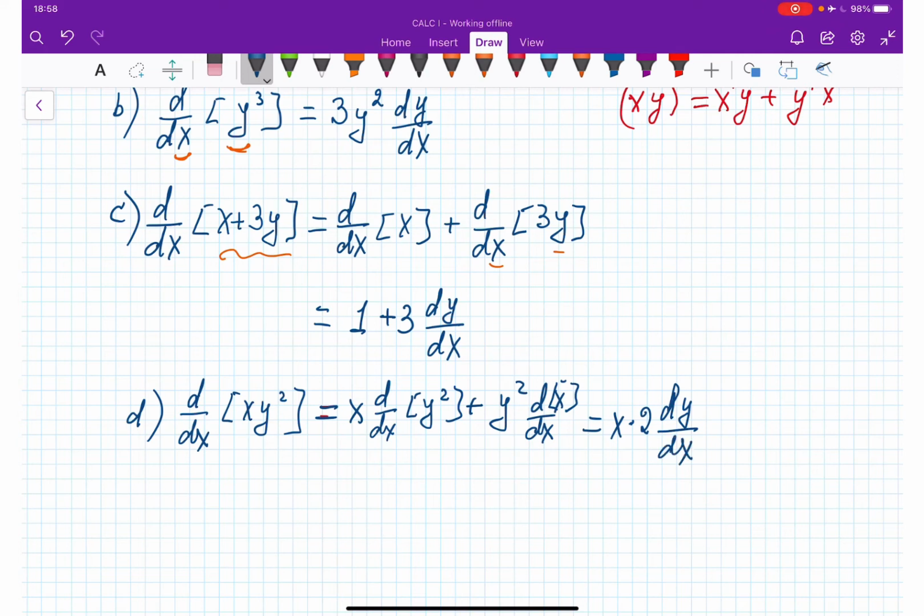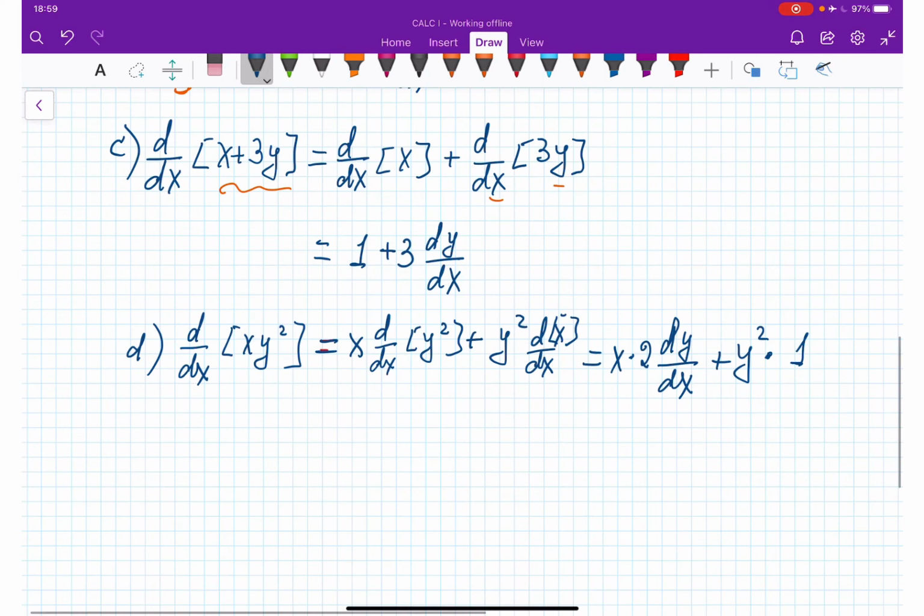Yes? Plus y squared is out of the derivative, and d by dx of x is only 1. Right? So the result is 2x dy by dx plus y squared.